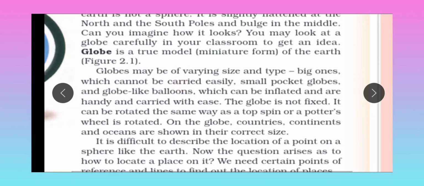Globes may vary in size and types, some being ones which cannot be carried easily. Small pocket globes and globe-like balloons can be inflated and are handy and carried with ease. The globe is not fixed. It can be rotated the same way as a top spin or potter's wheel is rotated.